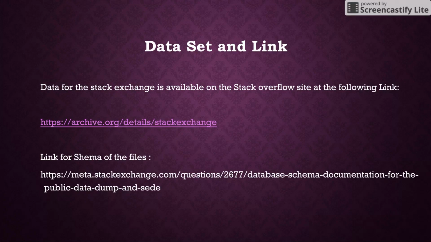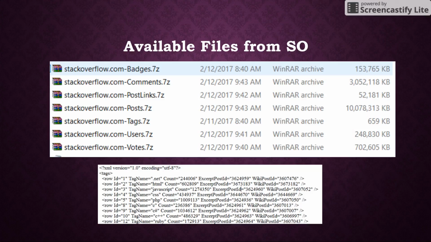This data is made available at archive.org, and it comes as 7 different files. These 7 files contain information about the posts and users, and they also have links. When I say post, it contains information like the creation date, the kind of post, whether it is a question, answer, or a comment, a link to a particular post, the number of answers it received, and the number of votes a particular answer has received.